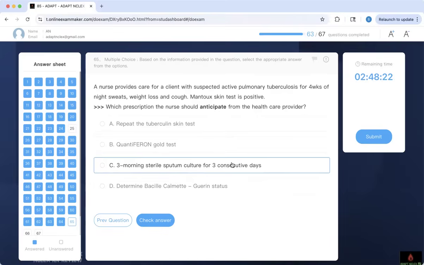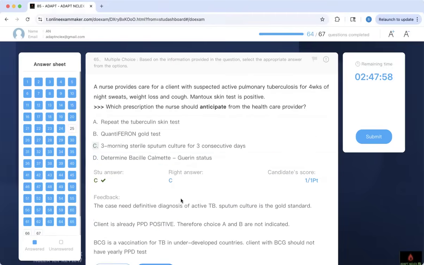Do a QuantiFERON test, already positive. Determine BCG level, negative. We got to check for 3 mornings, sputum culture for 3 consecutive days. Why? Just because your PPD is positive, since you have symptoms, we got to confirm. Confirmatory tests require sputum culture, and therefore this is sputum culture.